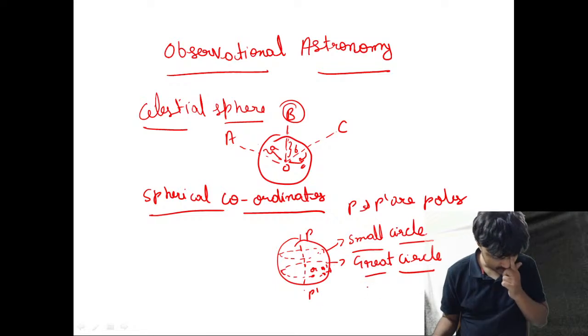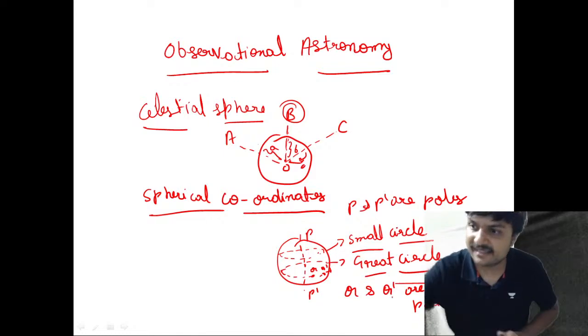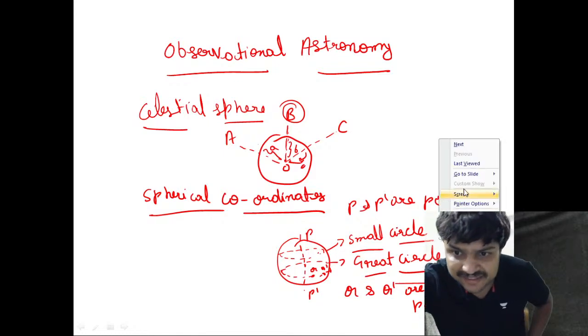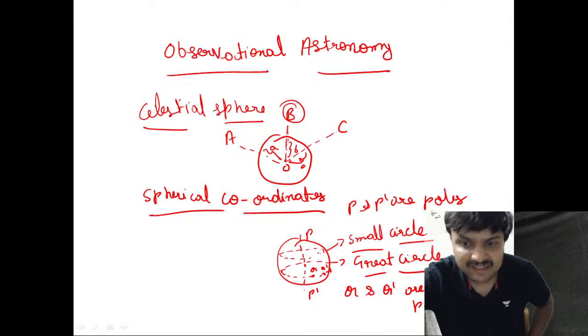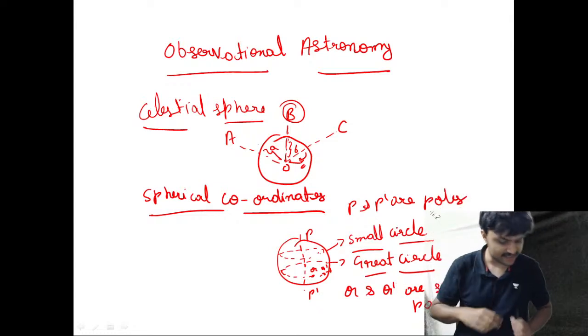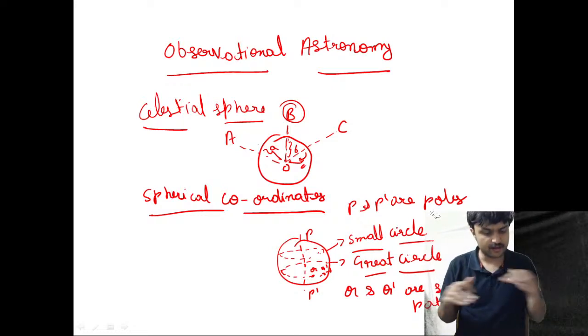So Q and Q dash are the shortest paths. Okay. So that's how we understand spherical coordinates with the great circle.